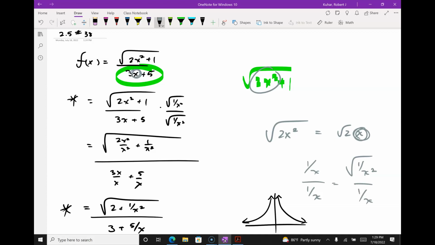So inside I'm dividing by x squared, outside I'm dividing by x, because the square root of 1 over x squared is 1 over x. It's weird.